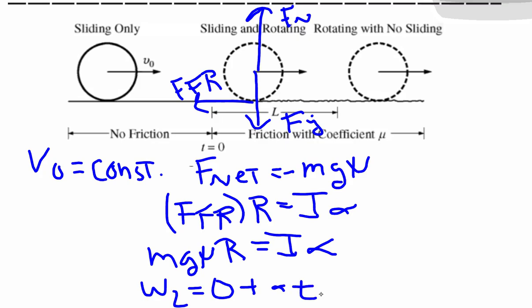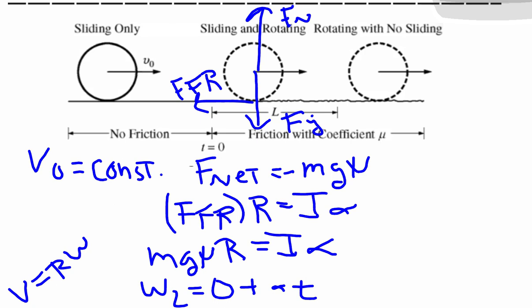Okay, so I can find its final angular velocity. I could also then use v equals r omega to find its final linear velocity too. Now, if you notice, I did make friction positive in this case. You can make it negative if you want to.